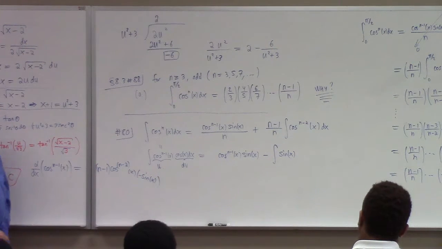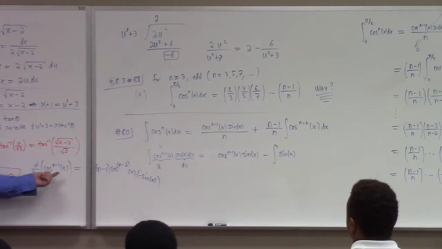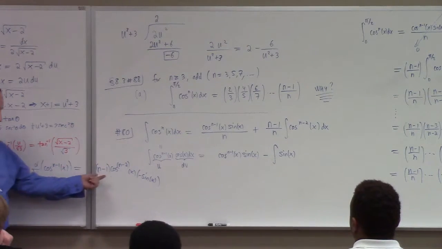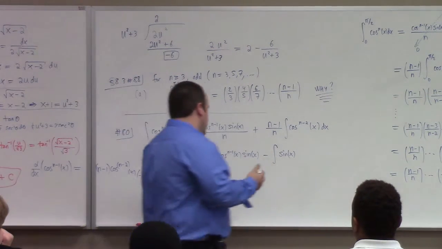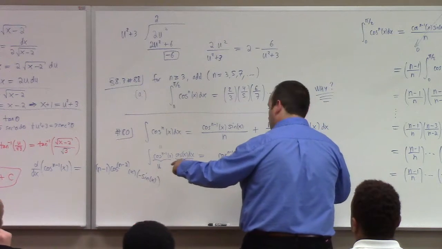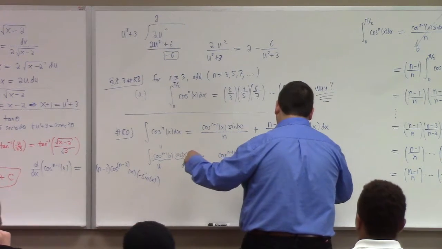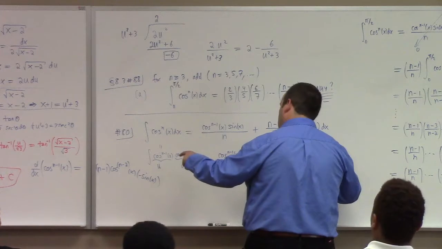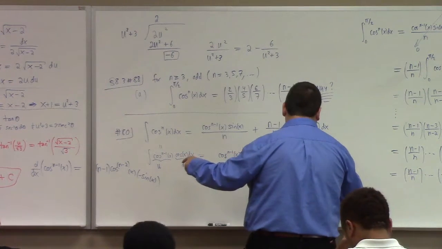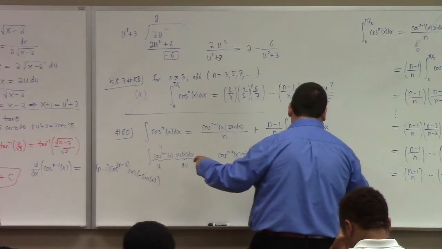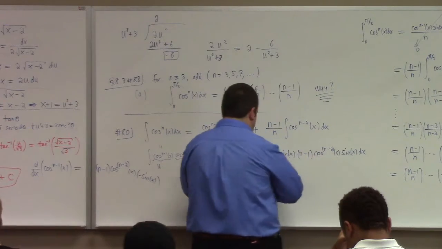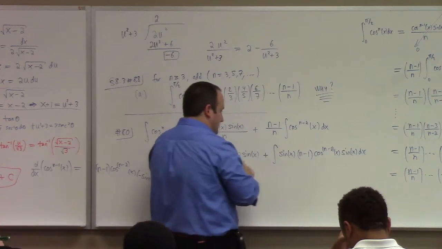We have the n minus 1 function, the outer function, chain rule, multiplied by the derivative of the inside function, which gives us minus sine x. So that gives us that beastly thing. So we get n minus 1 cosine to the n minus 2 of x sine of x, yowzers, dx. And I'm going to bring that minus out here and make this a plus.